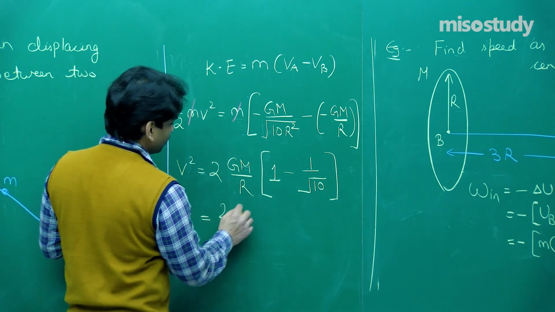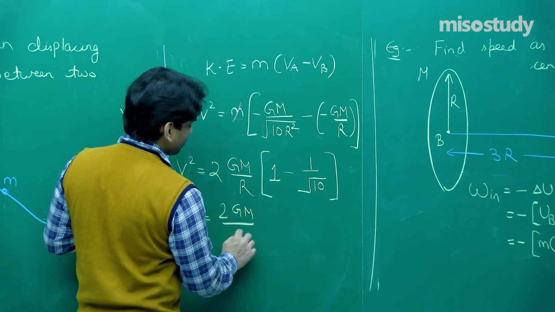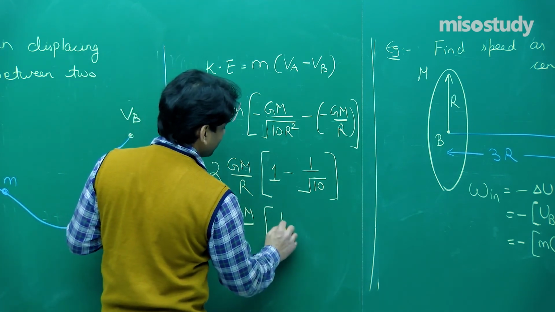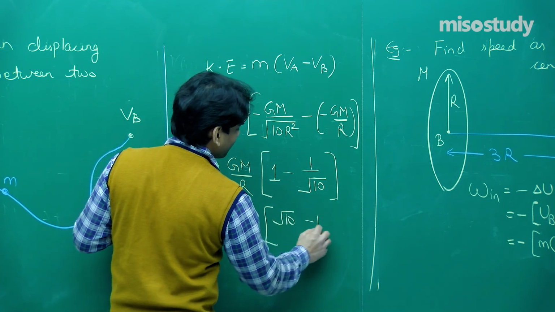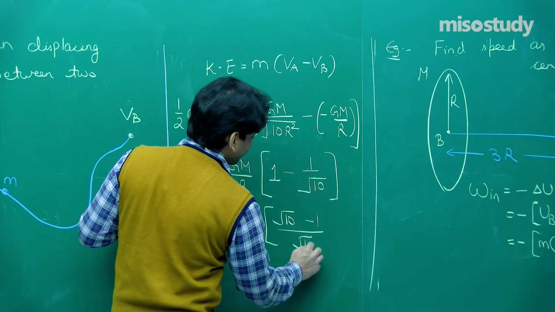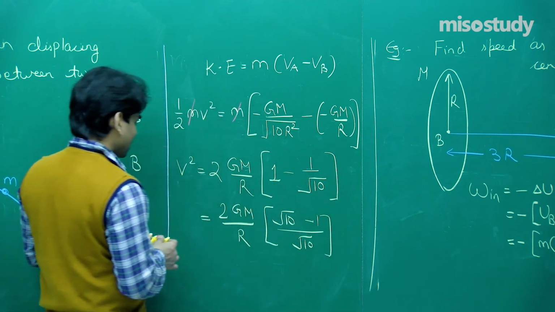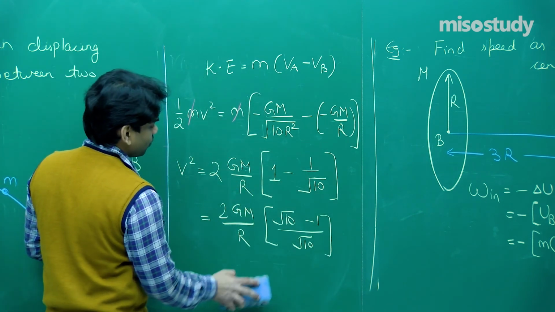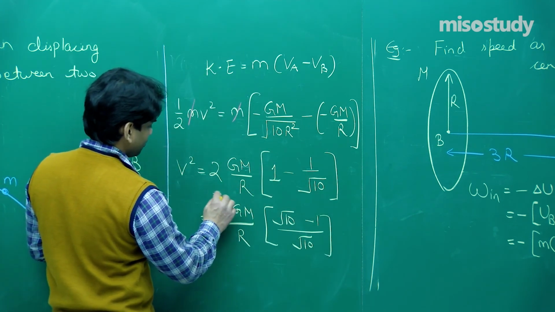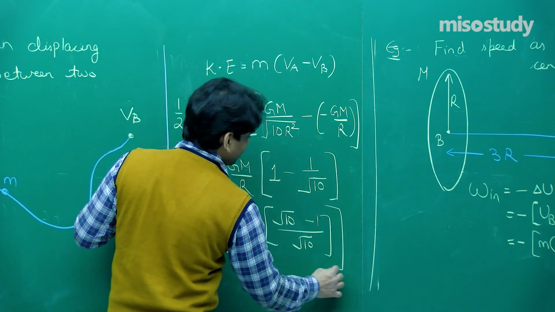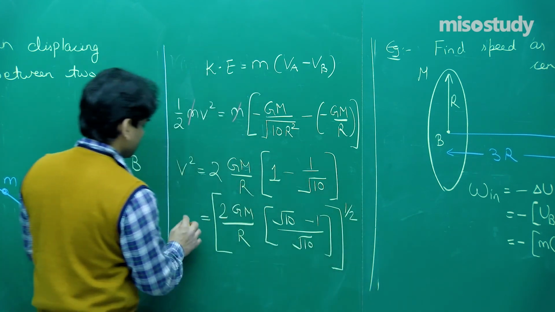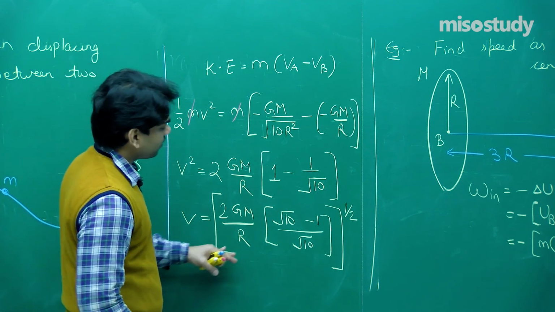This will come out to be 2 GM by r times (root 10 minus 1) upon root 10, and the speed will be nothing but the under root of this.